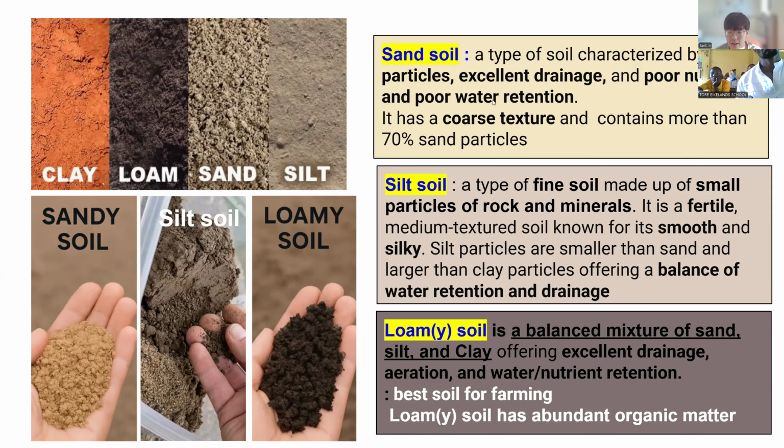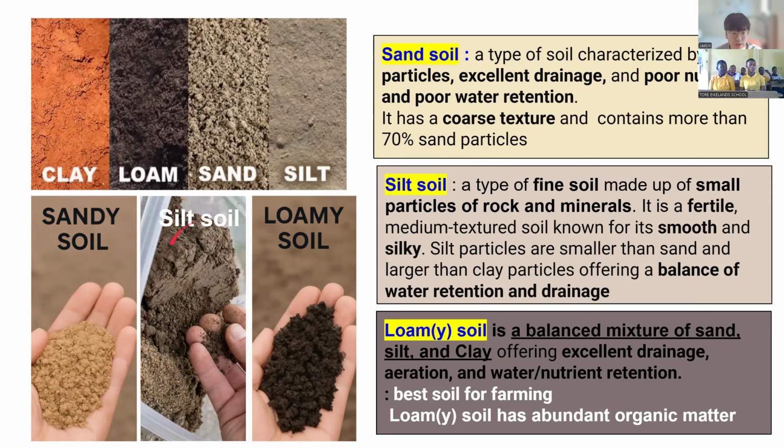It has excellent drainage, but it has poor nutrients and poor water retention. It has a coarse texture, meaning, as you can see here, the sandy soil is very, very rough. That is called a coarse texture.